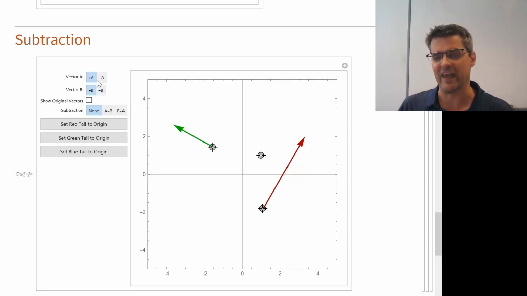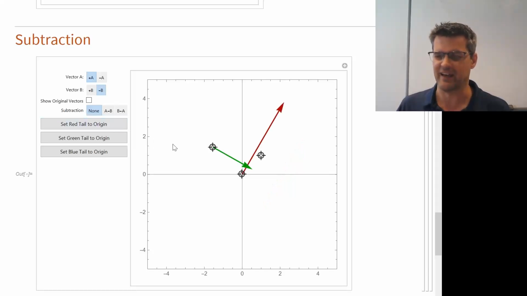So let's say I wanted A minus B. That would be adding A to negative B. And if I was to add A to negative B, what I should get is a vector that points from the tail of red to the head of green here. A minus B is doing exactly that.